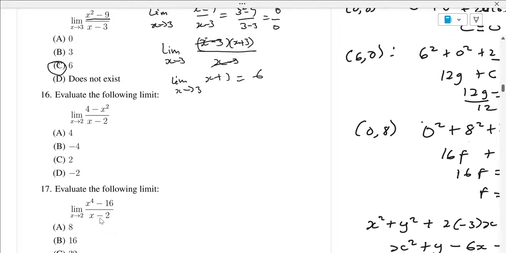Okay, so Tony is saying that it is 4. So what are you also saying?